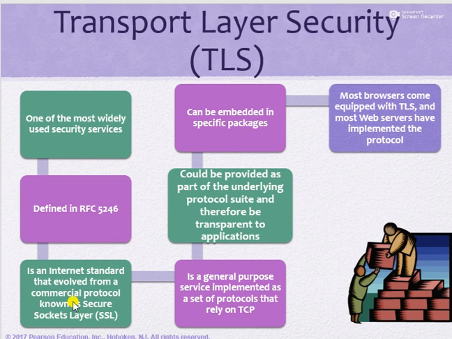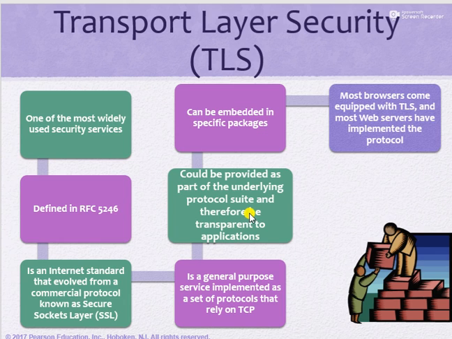We have two implementation choices for TLS. One is full generality, that is the full implementation. In this version, TLS could be provided as part of the underlying protocol suite, like IPsec, and it is transparent to the applications and users.